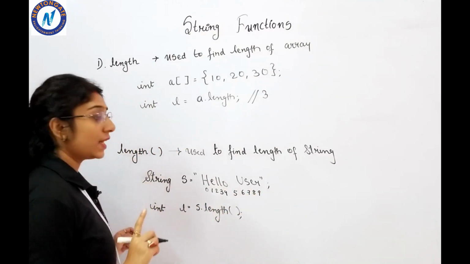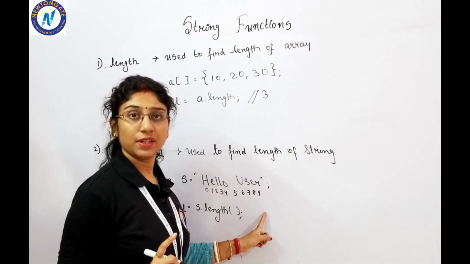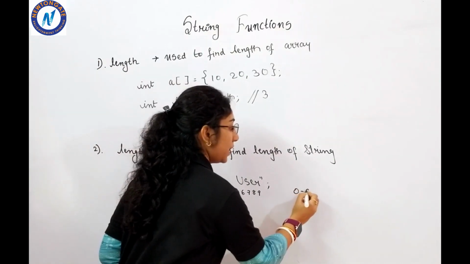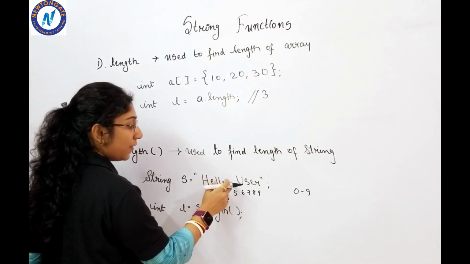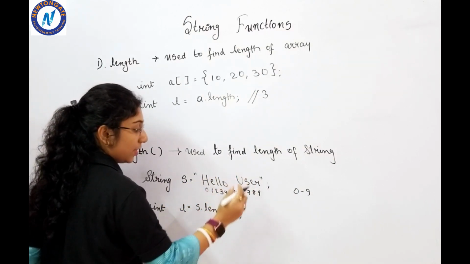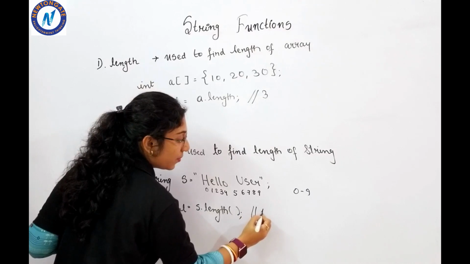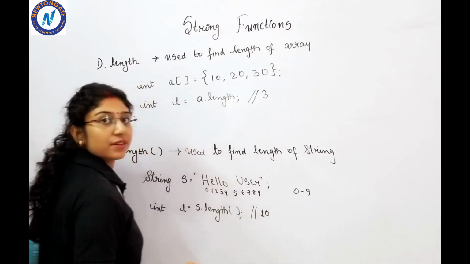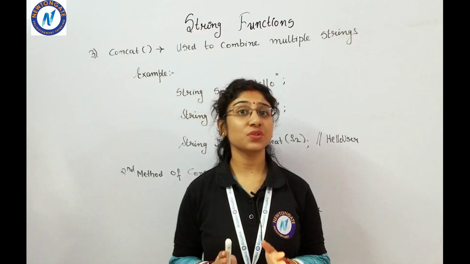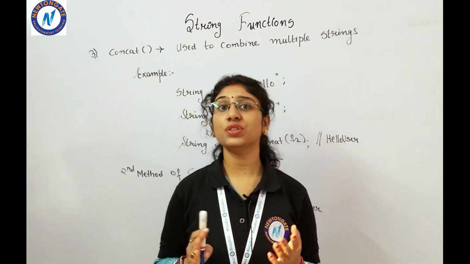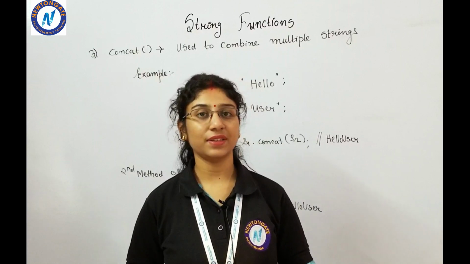So as per the indexing, the range is from 0 to 9. But the number of characters is 1, 2, 3, 4, 5, 6, 7, 8, 9, 10. So here the length of the string will be 10. Clear?